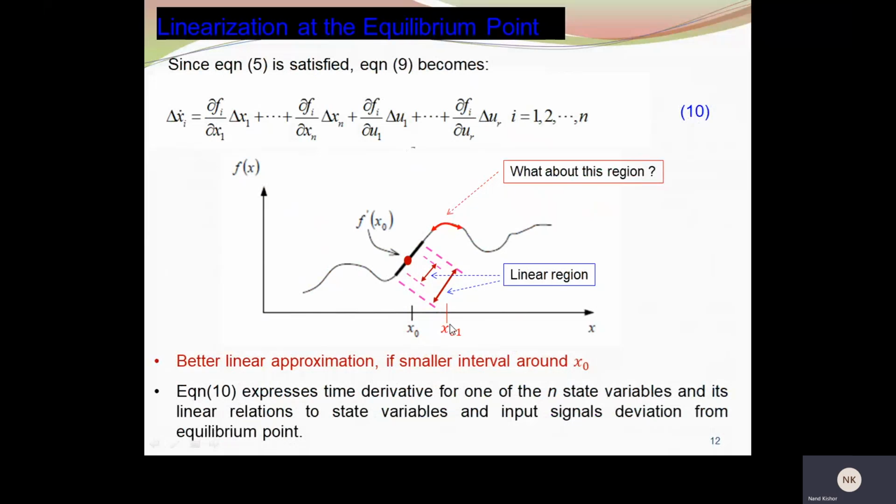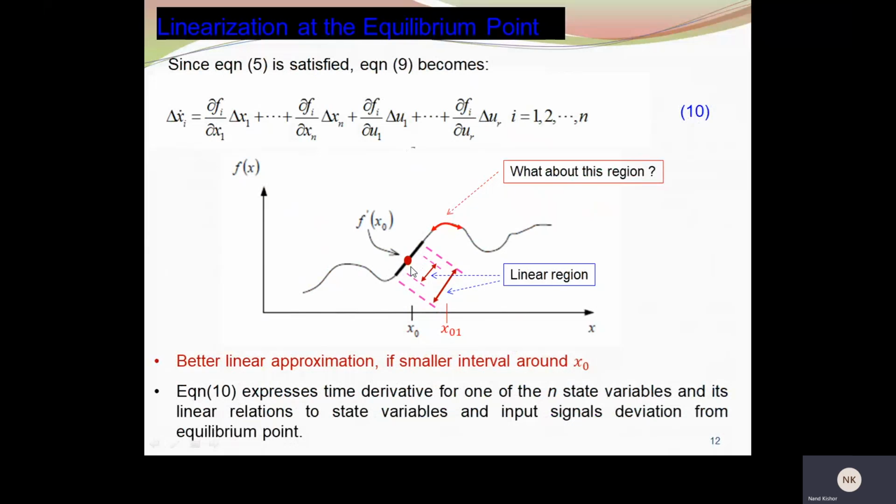So if this is the initial operating point, and there is some perturbation of small magnitude, either on this side or on this side, then the system dynamic representation can be linearized here. So this is a linear region that we have.